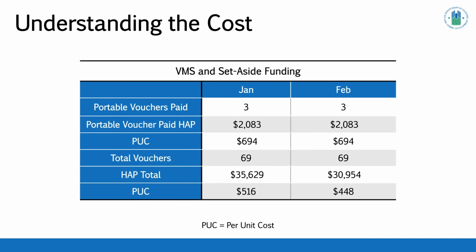The other important factor as it relates to ports is understanding the cost of ports. Specific to port outs, right? So what you see on your screen is an example of a PHA.